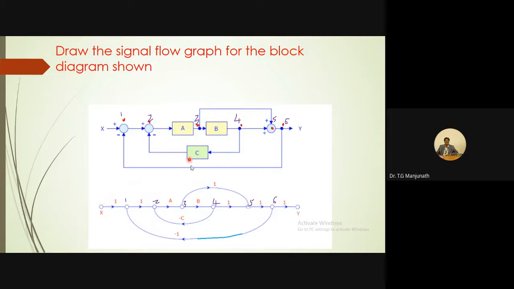Okay, I think all of you have followed how to draw the signal flow graph for the given block diagram. Once you get the signal flow graph, then using Mason's gain formula, you can determine the transfer function for the given signal flow graph.